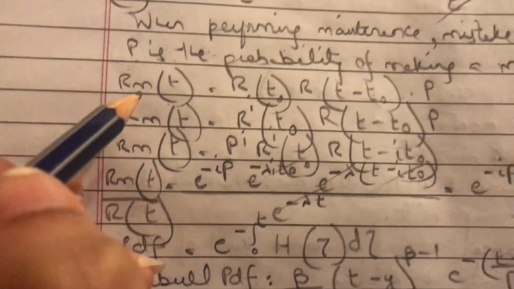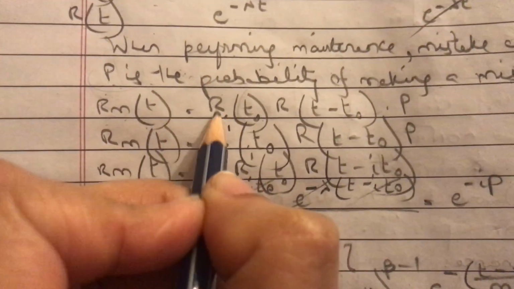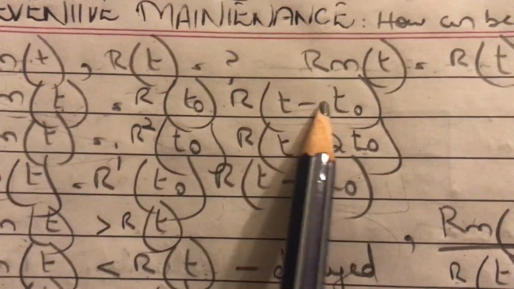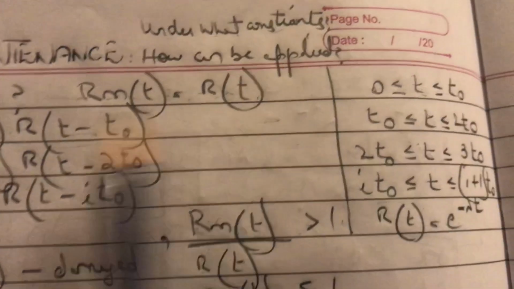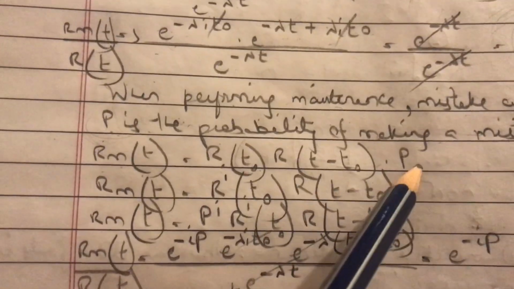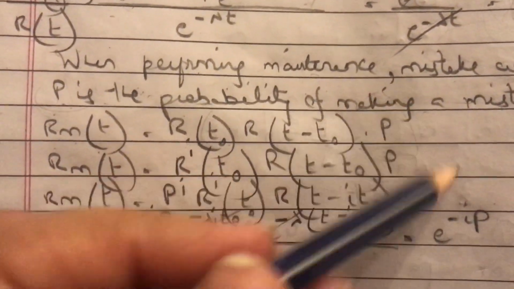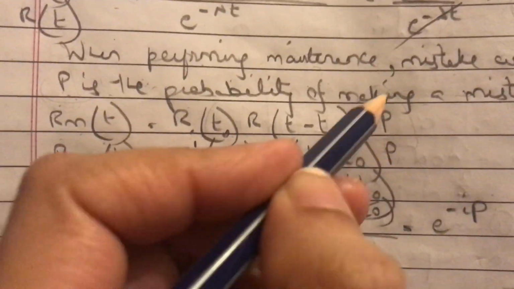Now, you know that we have this formula, Rm of t equals R of t0, R of t minus t0. This was the second one, when we have the limit for t equals t0 to 2t0. So we wrote it this way, but what is the new thing that is happening here?